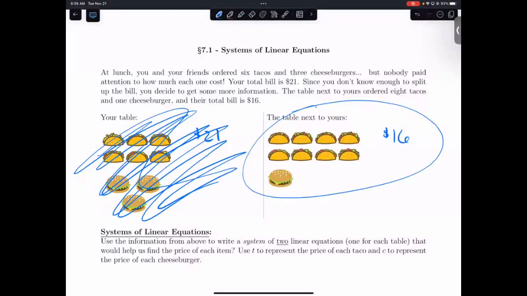Maybe tacos are $2 and if you buy 8 tacos, you get a free burger. Or maybe it breaks down in some other way, with things that aren't nice round numbers. There are infinitely many possibilities because this is a linear equation, right? This is 8x plus 1y equals 16. That's a linear function, right?